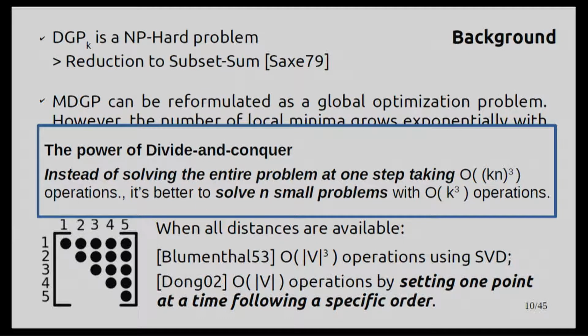If you have any method that is non-linear, it's better to split the problem into small ones because the cost will be reduced. And when we impose a kind of order that allows us to build up one atom at a time, we will end up with a much smaller cost function. So order in this kind of problem is important. This is the message in this slide.